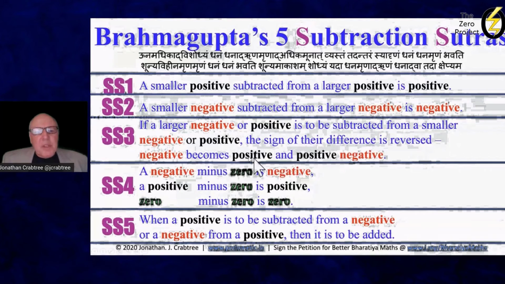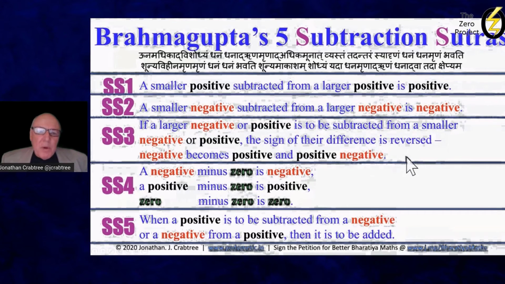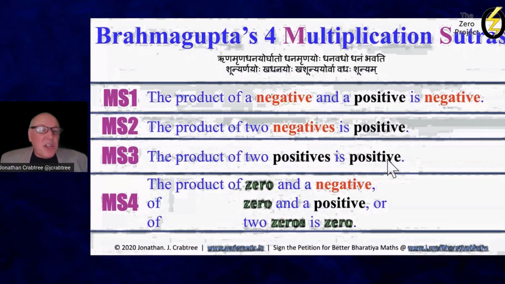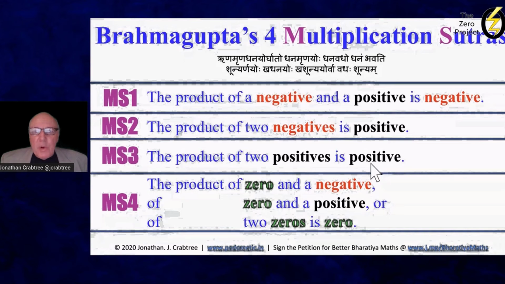Negative becomes positive and positive negative. So that simply means that if a larger number is subtracted from a smaller, the sign changes. If we've got -7 minus -4, the answer is -3. The sign hasn't changed, therefore -4 is less than -7, which is not how we interpret integer ordering today.